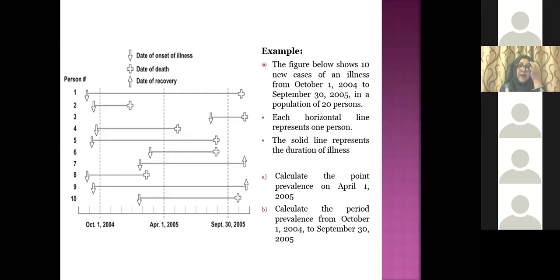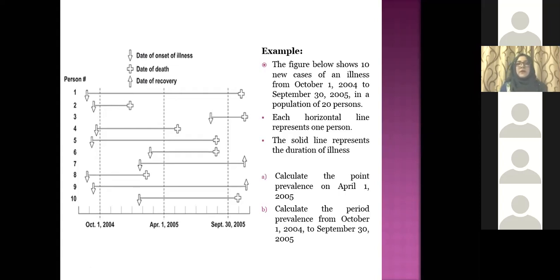The first arrow describes the date of onset of illness, the cross represents the date of death, and the upward arrow represents the date of recovery.